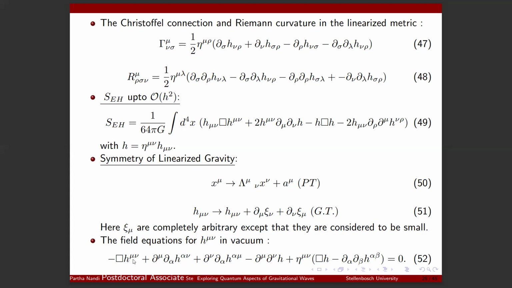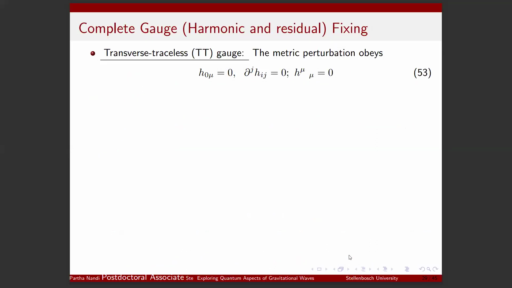The solution of this equation can be obtained only if we provide some other condition, because by itself this equation cannot be solved, as it is a non-invertible differential equation. Therefore, we need some additional condition, and this additional condition is known as a gauge fixing condition.